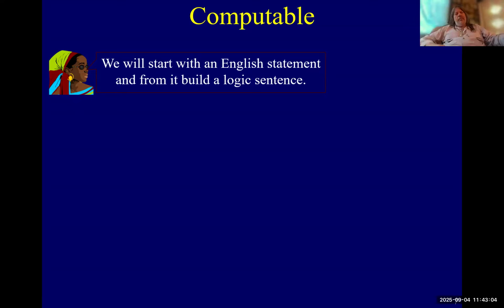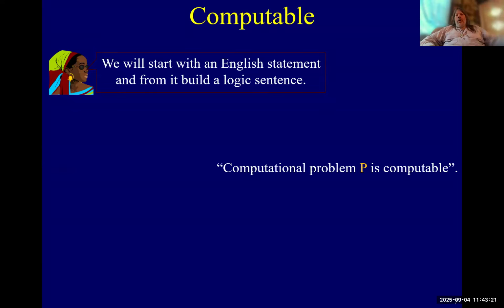You have some statement in English and you want to express it in logic, because then when you're trying to prove it, there are tools for how to mechanically prove a statement in logic. So we might want to say computational problem P is computable. Anybody guess what it means for P to be computable?